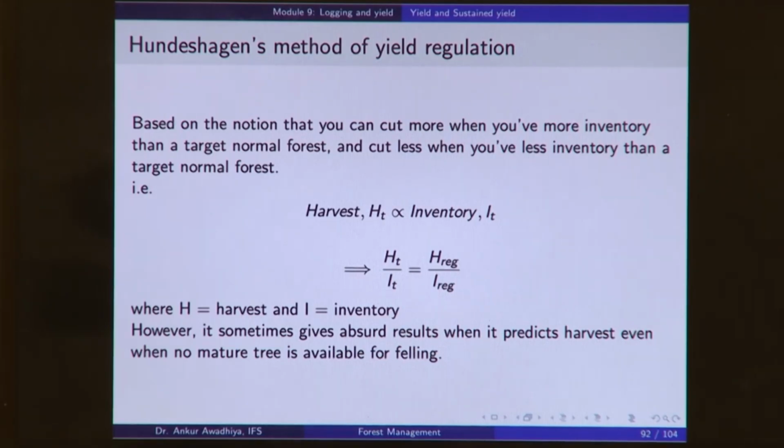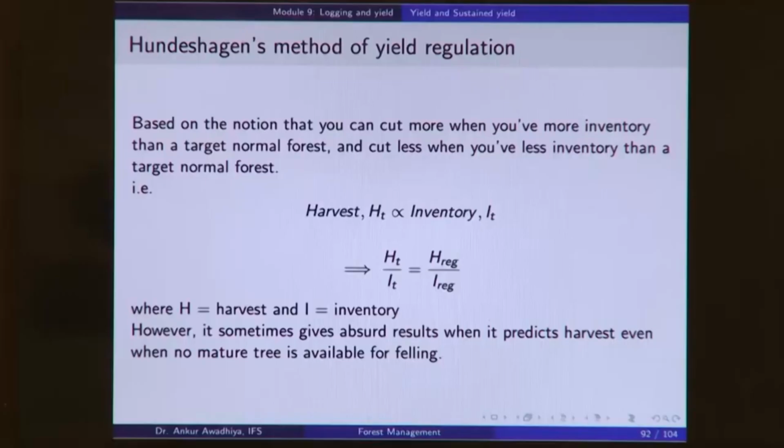Now, if you know what a normal forest is, or how an ideal forest should look, if you know the total volume of timber in an ideal forest, and you compute the amount of timber in your forest, and there is any discrepancy, then you should do more harvesting if your total inventory is greater than the ideal stage.